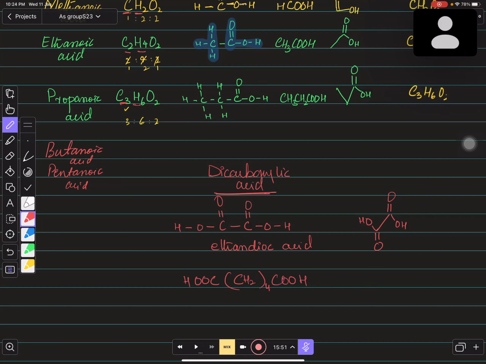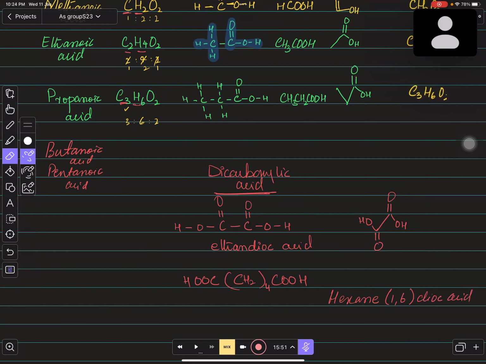So what is this? This is 6 carbons. So we can say that this is actually hexane. This is actually hexane dioic acid. You can even mention the number of the carbon on which the carboxylic acid is there. So you can say that it is hexane 1,6 dioic acid.